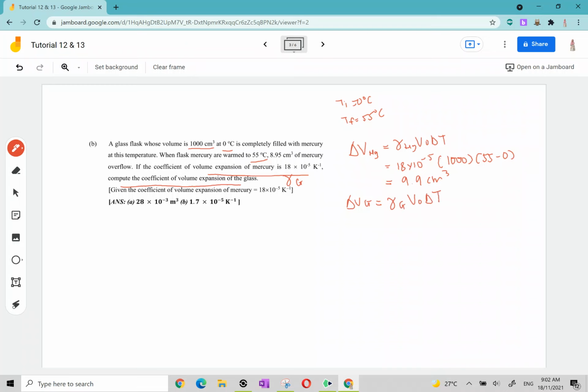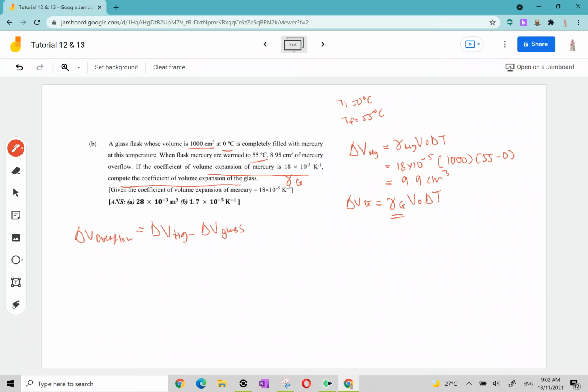Okay, tapi sekarang soalan dia nak cari adalah volume expansion bagi gelas. So apa yang awak kena buat ialah, okay, kita cari dulu. Delta V yang overflow ini kita boleh dapat daripada delta V mercury minus dengan delta V glass.